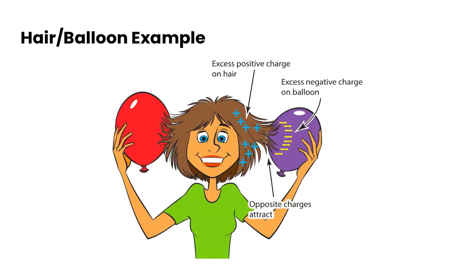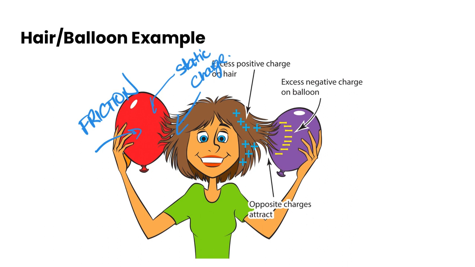We can then use the laws of attraction and repulsion to explain what happens when you rub a balloon on your hair. When you rub a balloon on your hair, you're charging by friction. You're taking two neutral objects, a balloon and your hair, which are originally neutral, and when you rub them together, you create static charge. The electrons are going to transfer from one object to the other.